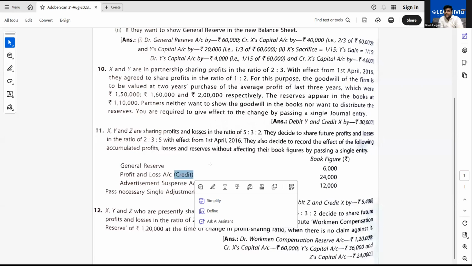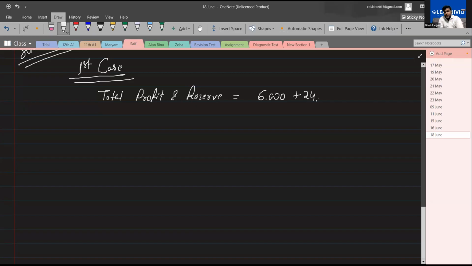6,000 is reserve, and profit and loss credit balance means profit. Profit and loss debit balance means loss. So 6,000 plus 24,000, it will be 30,000. And loss is advertisement suspense, it is 12,000. This is working note number 1.